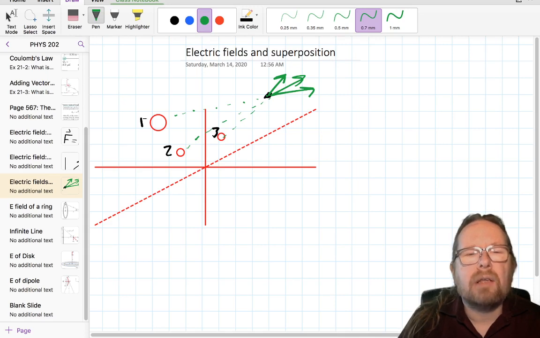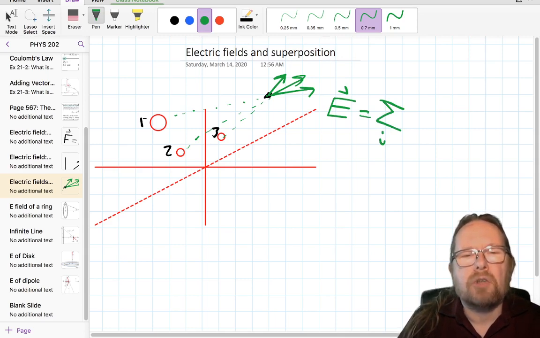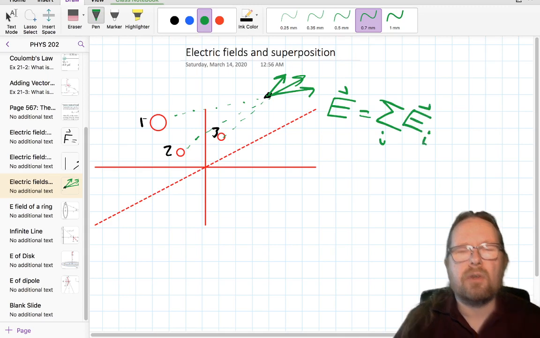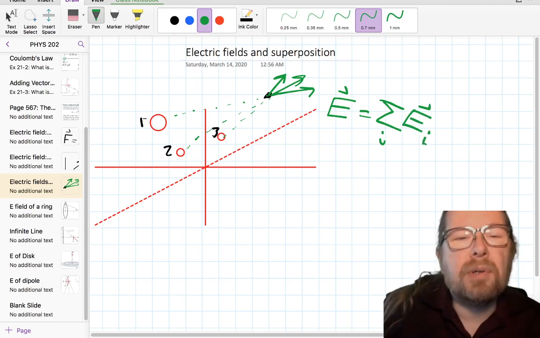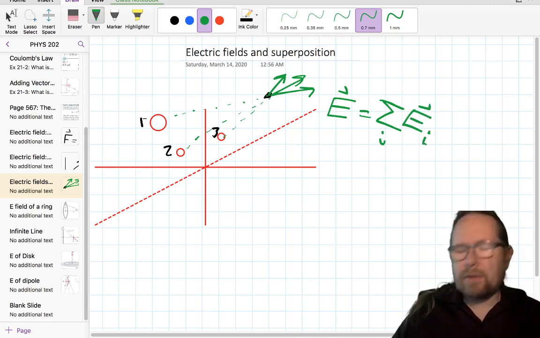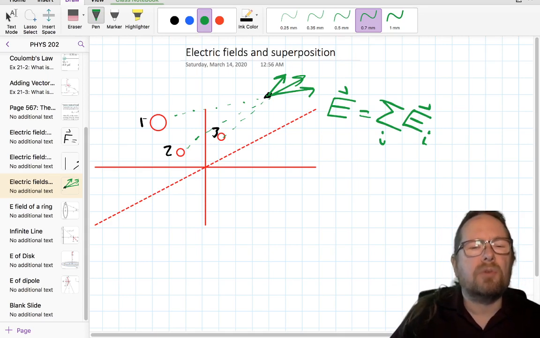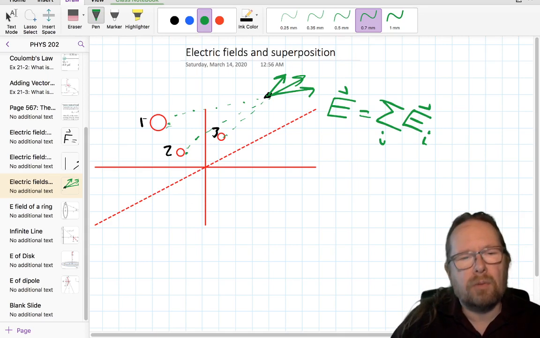We can write that the electric field at some point in space is equal to the sum over i, where i labels the various electrical charges that contribute to that field, of the electric field due to each individual charge. We sometimes refer to that as the principle of superposition. In other words, the field at any point in space is equal to the superposition of the fields caused by any one of the individual charges.